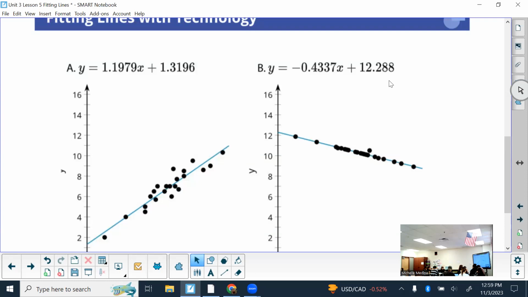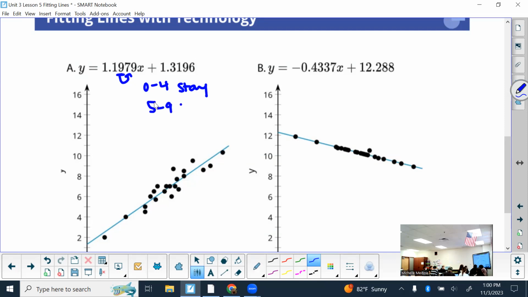And of course, depending on what you rounded to, it's probably different, but hopefully you know your rounding rules. Wherever you want to round to, you underline it, look to the right. If that number is 0 through 4, then the number you underline stays. If it's 5 through 9, you go up 1.